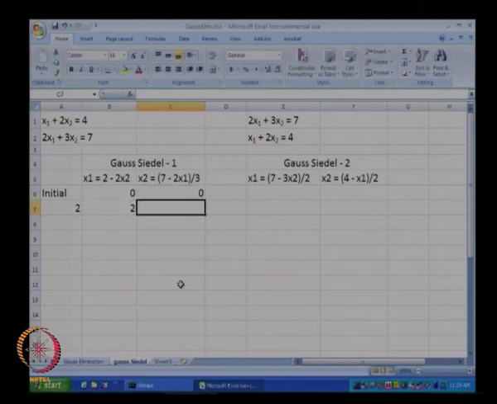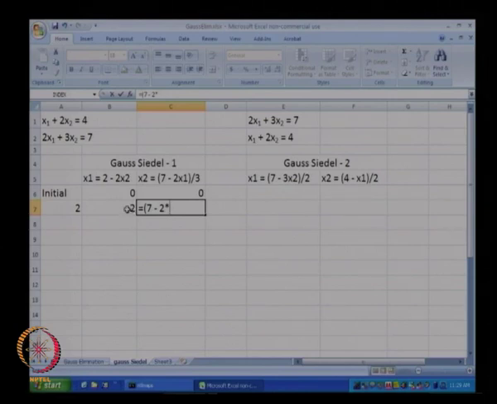Okay. And for x2, x2 is going to be equal to 7 minus 2 times x1. In case of a Jacobi iteration, we will always use the previous iterant value in order to compute the new value. However, in the Gauss-Seidel method we use the newest value.